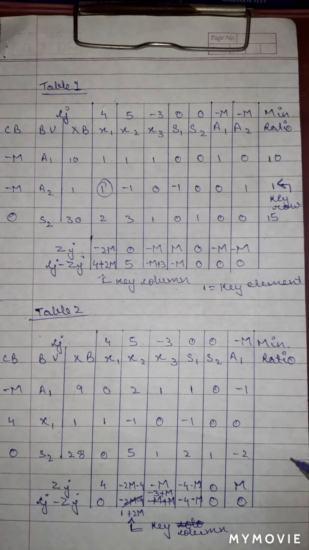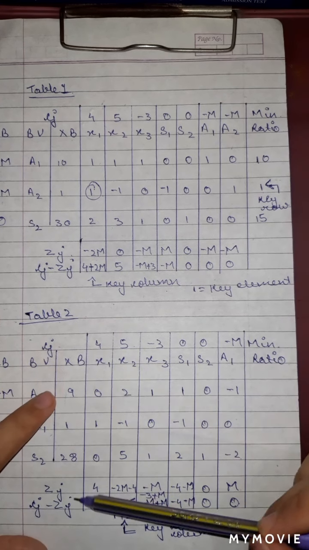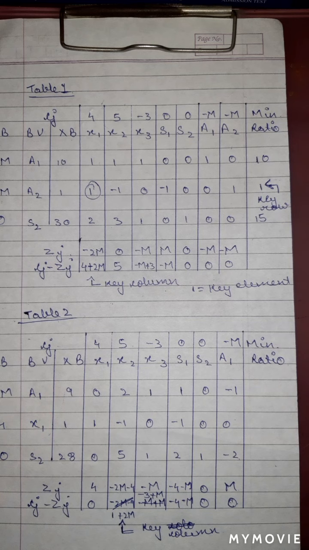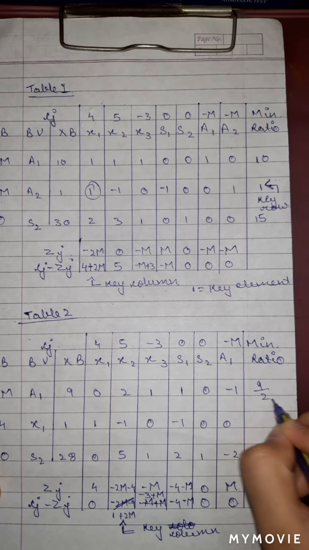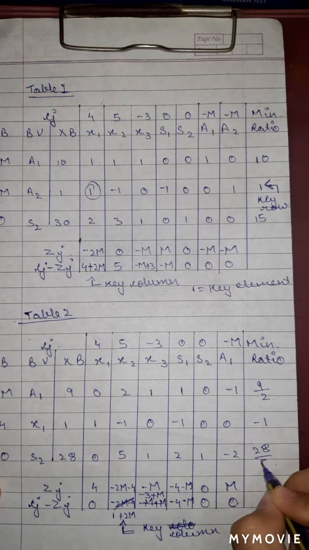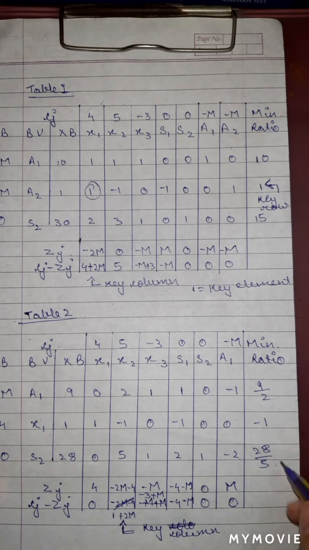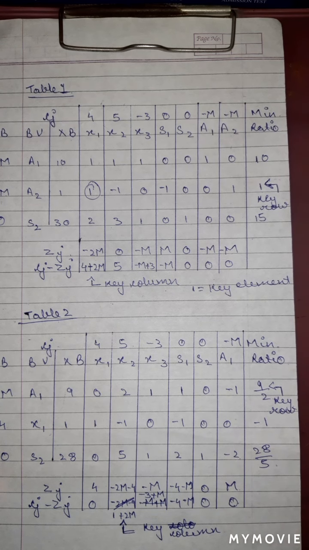Now how to calculate minimum ratio? Minimum ratio is XB upon key column. So this is 9 by 2, -1, 28 by 5. The minimum value over here is this, so this is our key row.